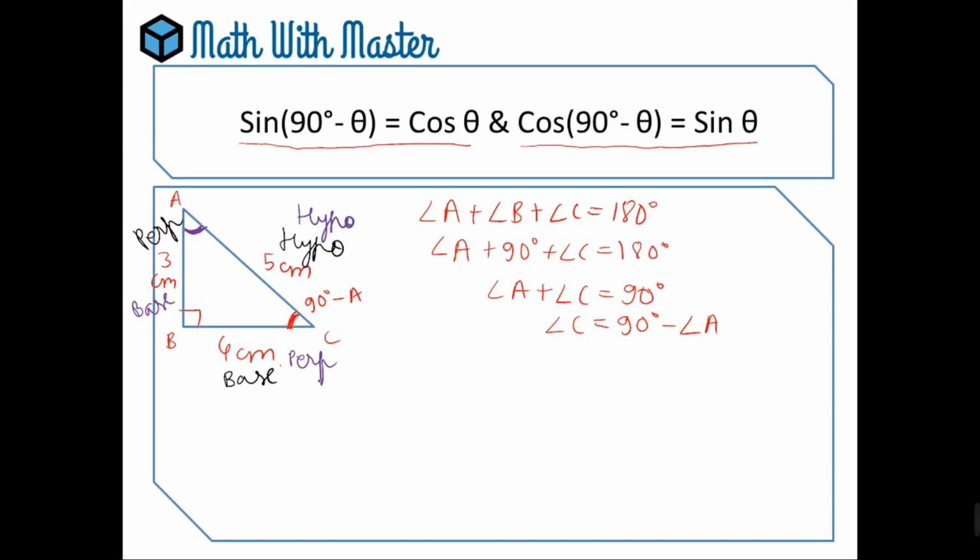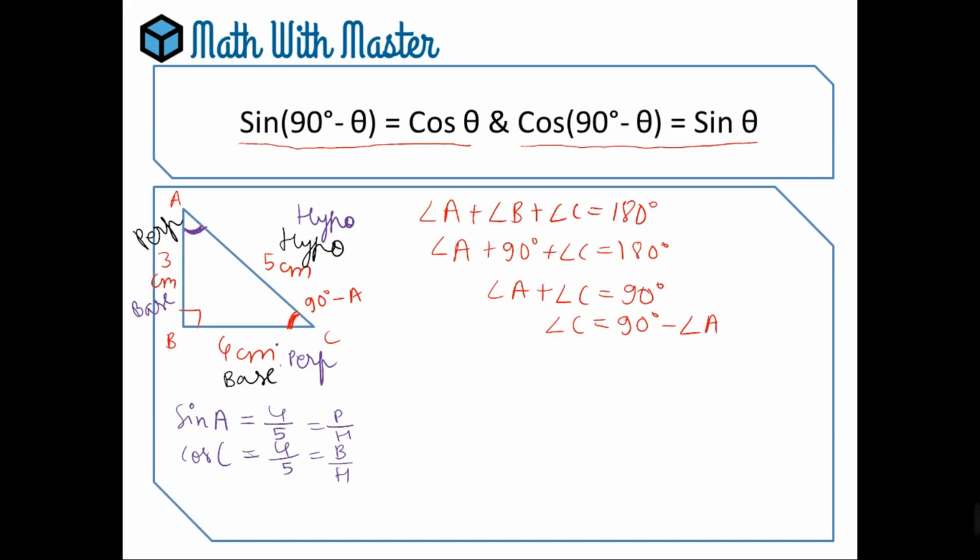So now here if you take sin A, you will get 4 upon 5, and if you take cos C, you will also get 4 upon 5 because the perpendicular for angle A is BC and the base for angle C is BC.